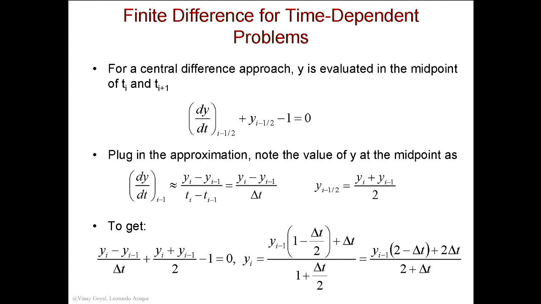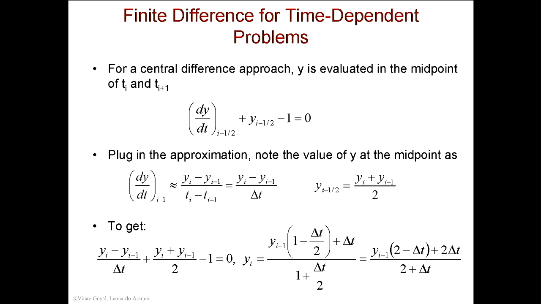There's another method called the central difference method. In this case, we're evaluating y, but now we're evaluating this differential equation, and it is true between the previous time step and the current one, so it's a true statement somewhere in between.